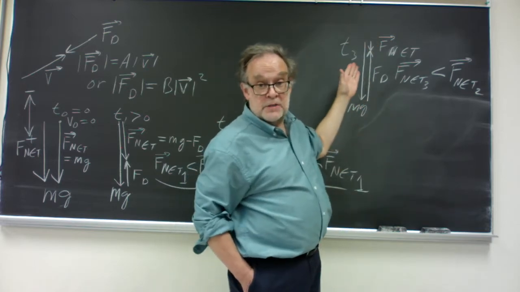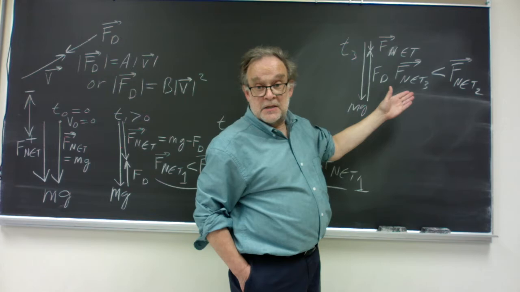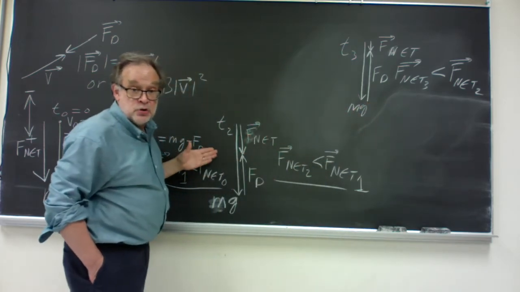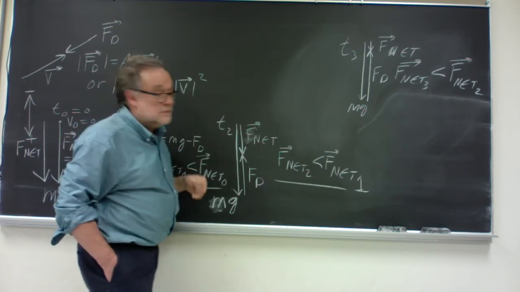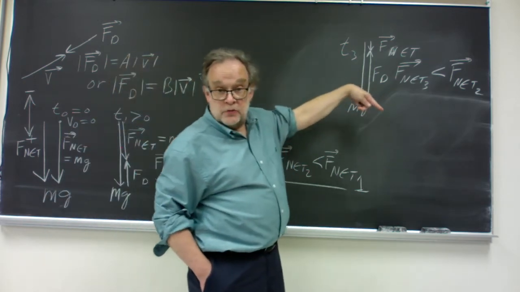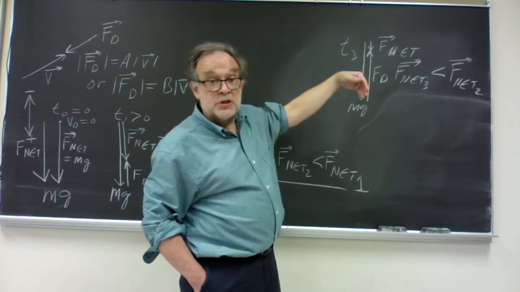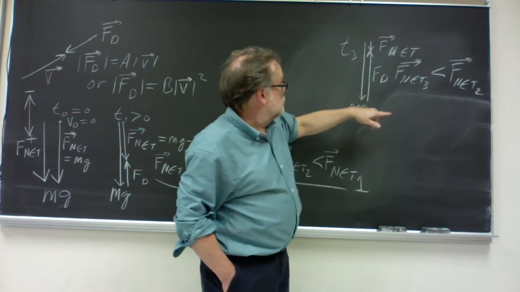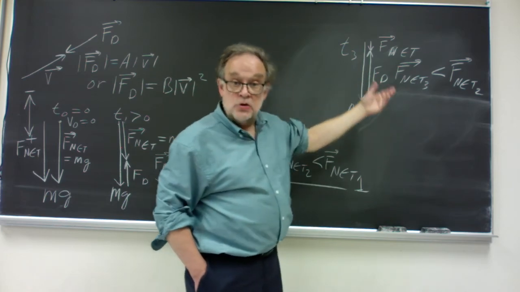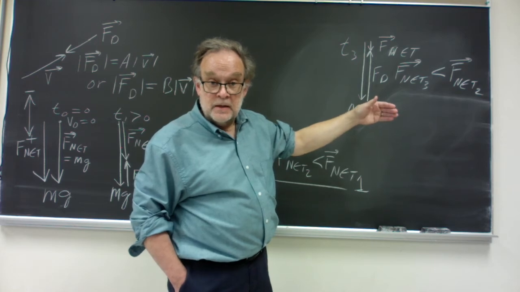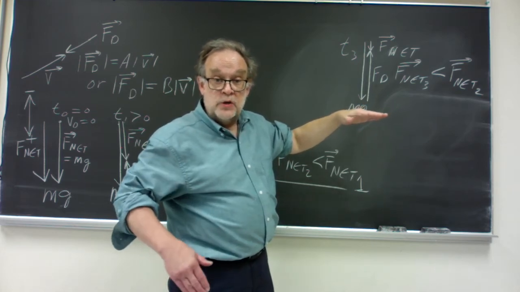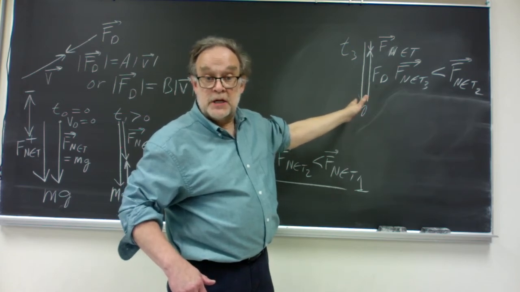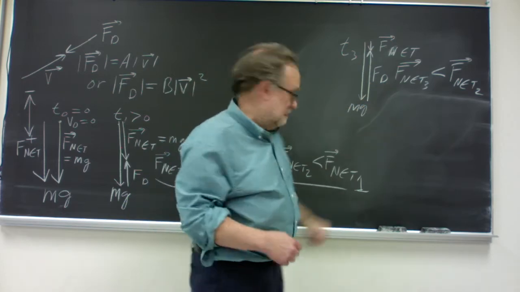The net force here at time 3 is less than the net force was at time 2. But there's still a little bit of downward net force, so the falling object still keeps on speeding up. Eventually, it speeds up enough so that the drag force increases enough to be equal in magnitude to the downward pulling weight. What's happening then?